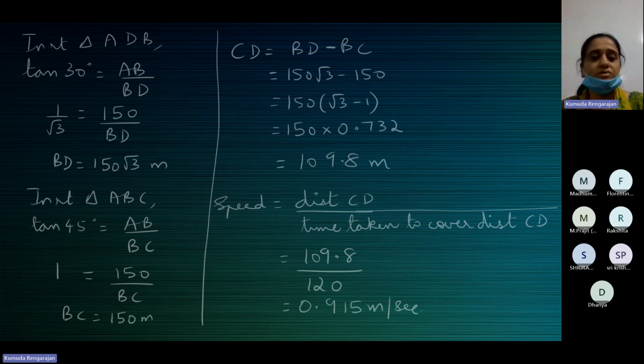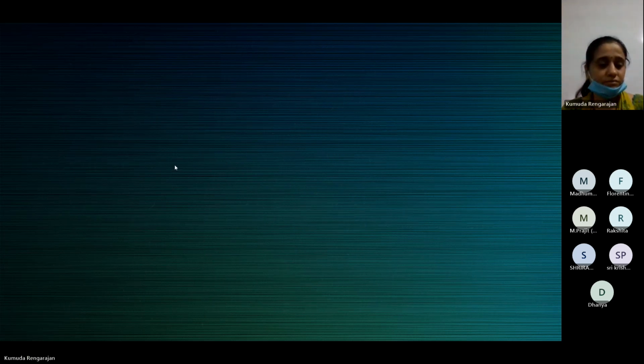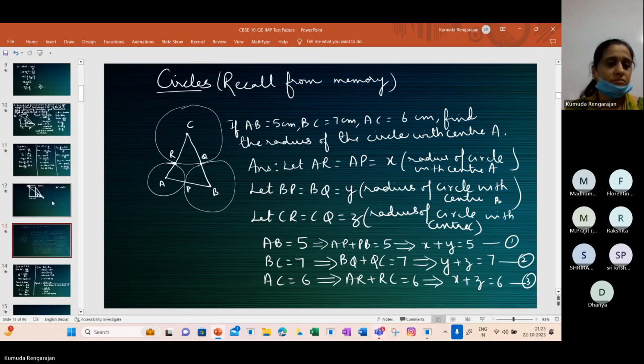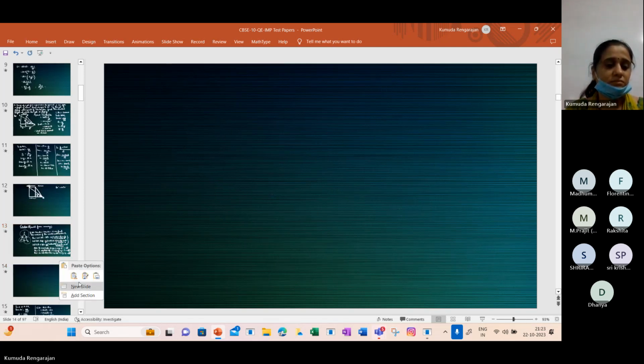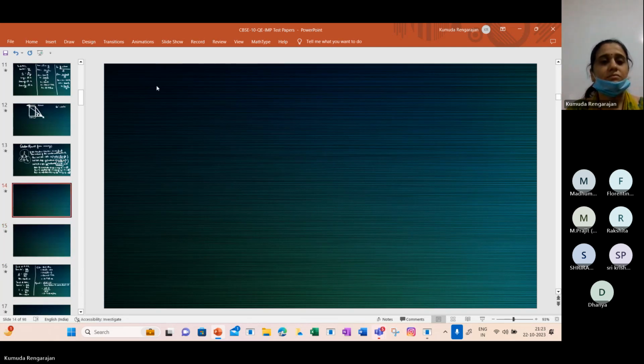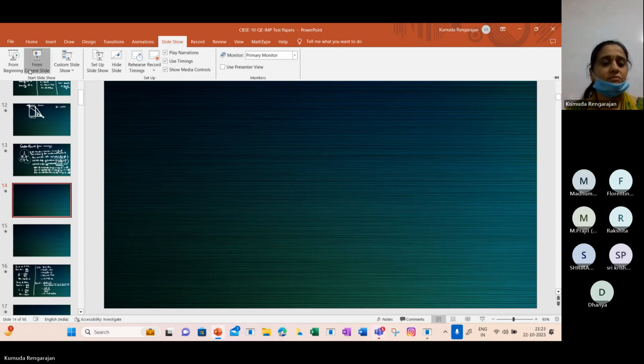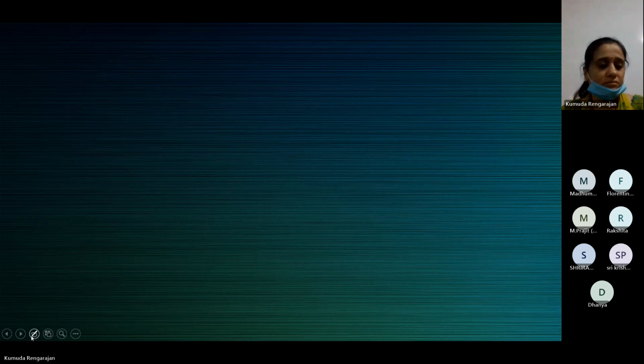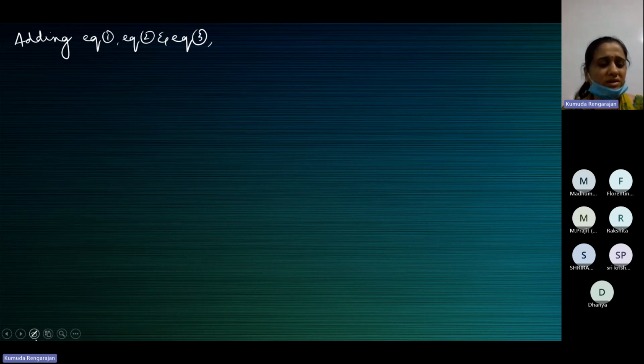So adding the 3 equations, or you can write it one below the other.